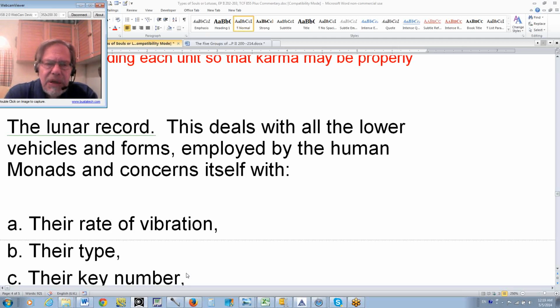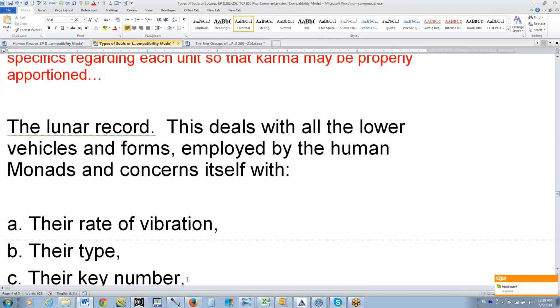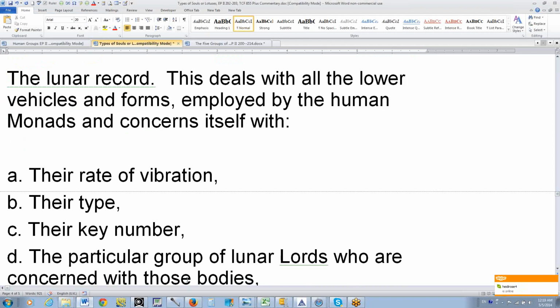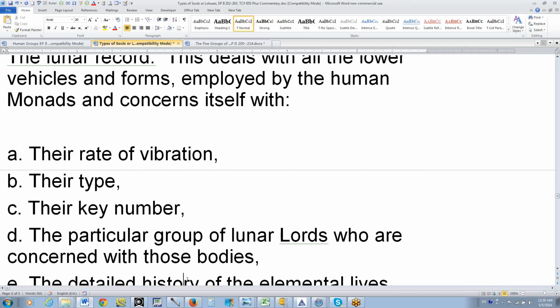Their type, I don't know what is meant by the word type, but usually things are typed along 7 different lines according to the ray. Their key number, which may be a musical idea here, because every one of these vehicles vibrates to different musical factors, and there are 12 different keys really, but there are 7 major ones.